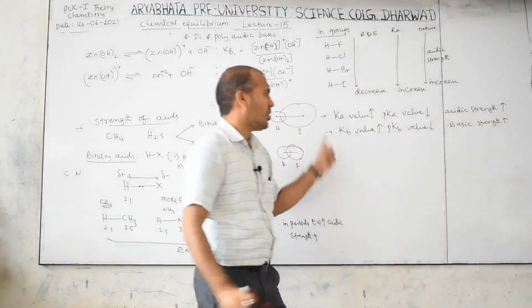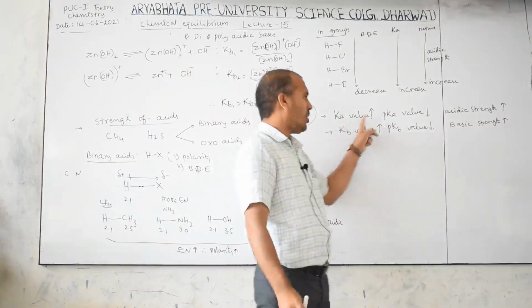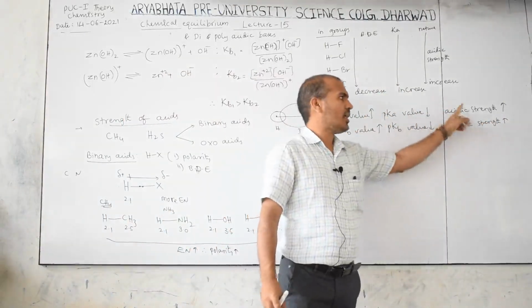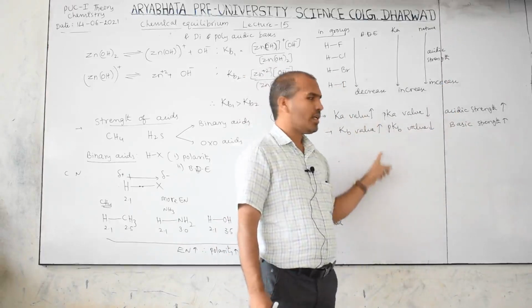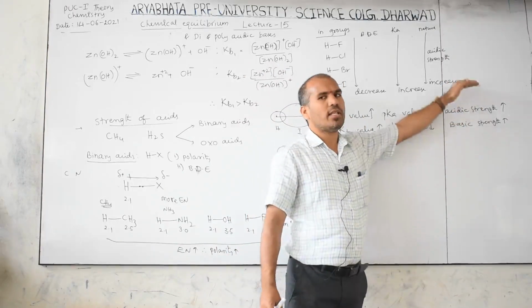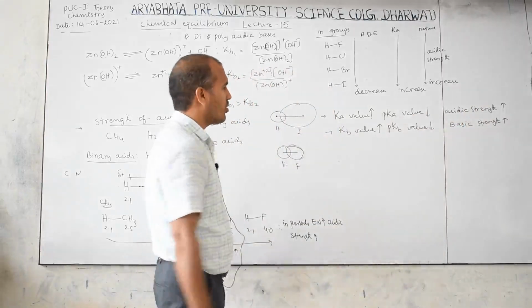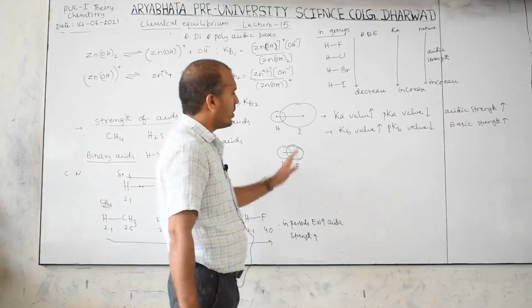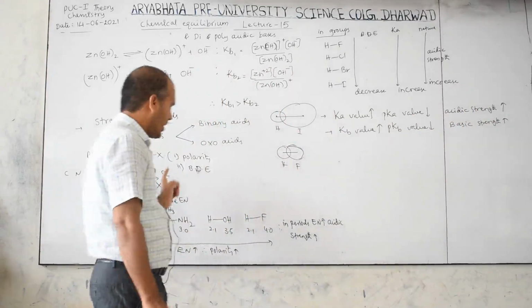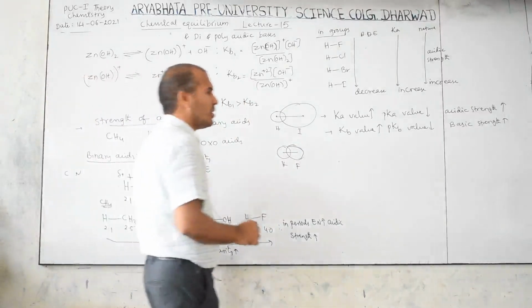The reverse we have to note down as another two lines: Ka value decreases, pKa value increases, acidic strength decreases. Kb value decreases, pKb value increases, basic strength decreases. You have to note down those two statements also, so if you know one, you will automatically understand the other. So this is about binary acids. Next one is oxo acids.